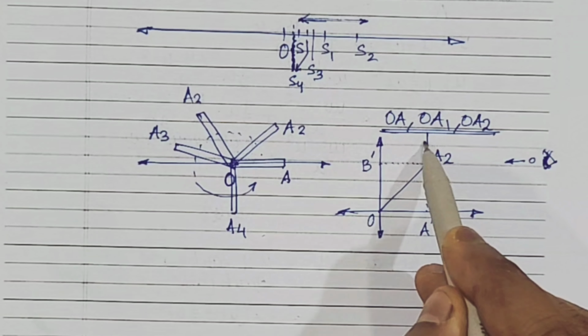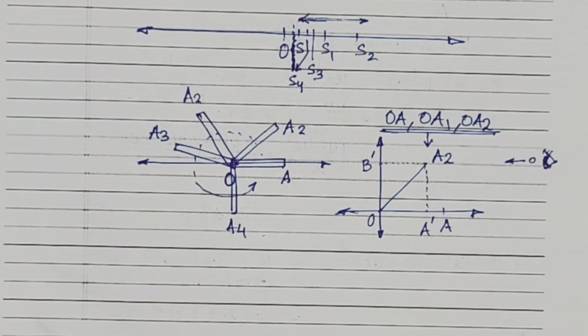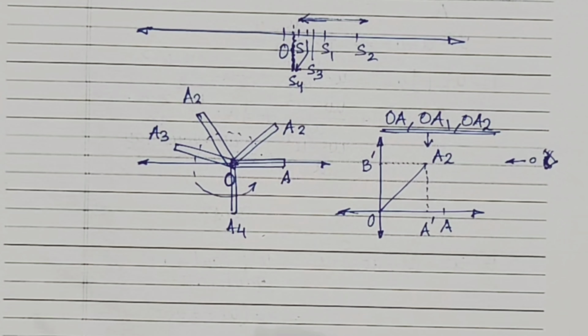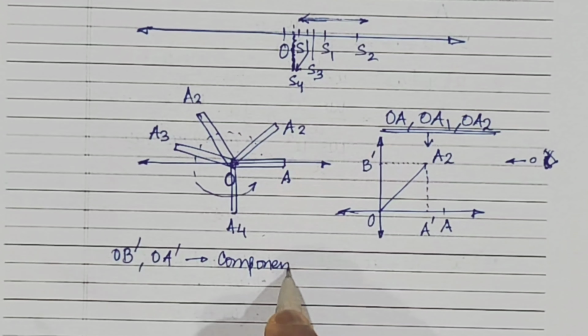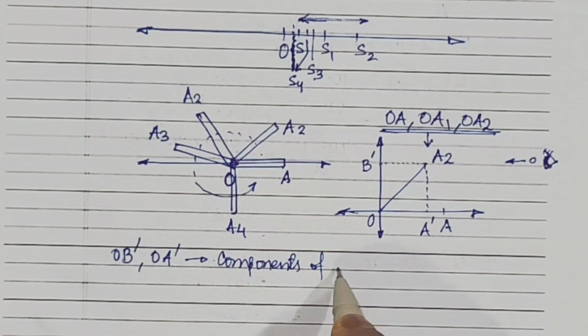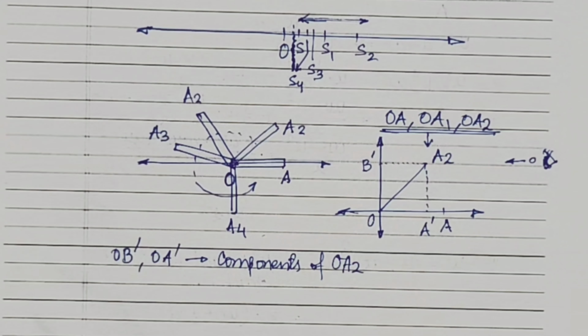So from this direction we find OA prime, from this direction we find OB prime. What are OB prime and OA prime? OB prime and OA prime are the components of OA2.